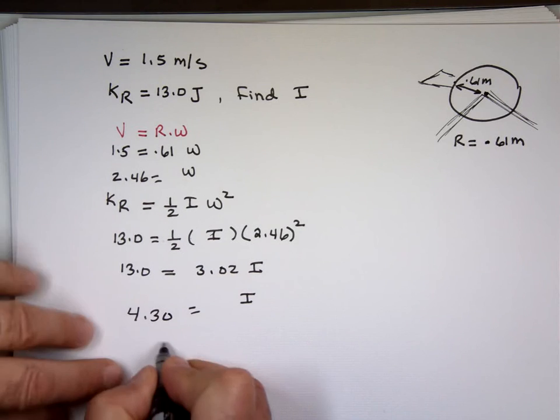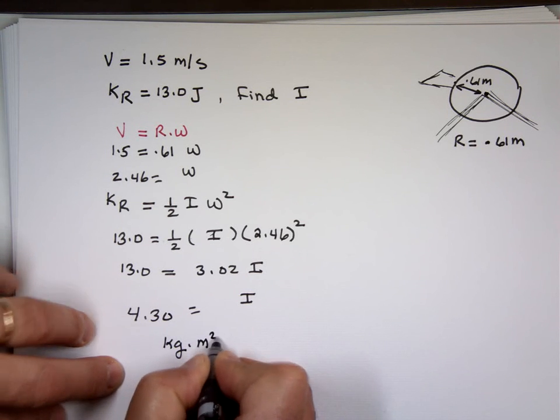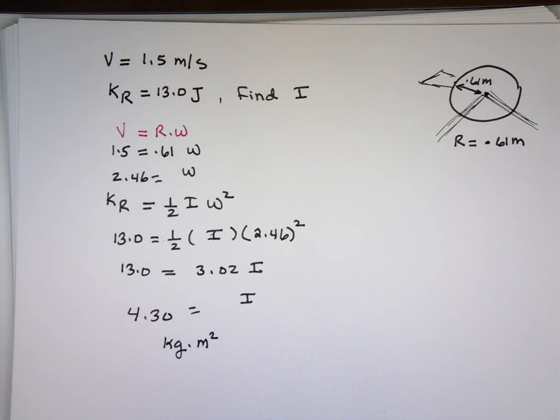Again, kilogram meter squared. MR squared, kilogram meter squared. So the inertia for that grindstone is 4.30 kilogram meter squared.